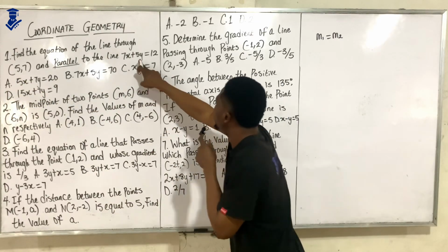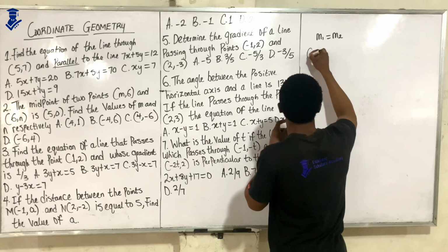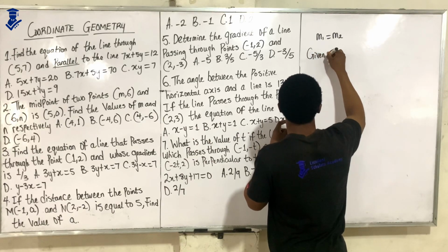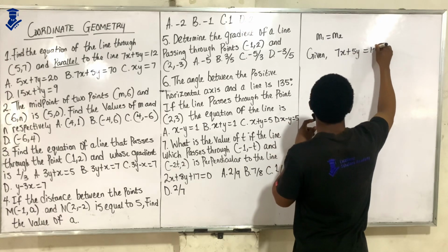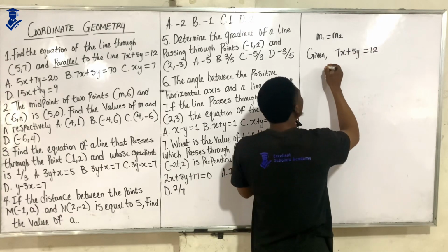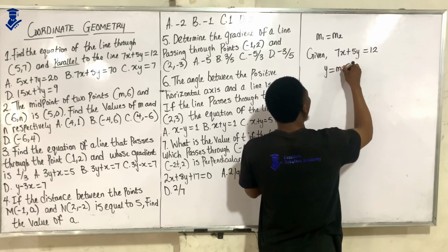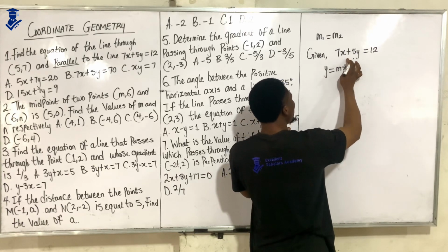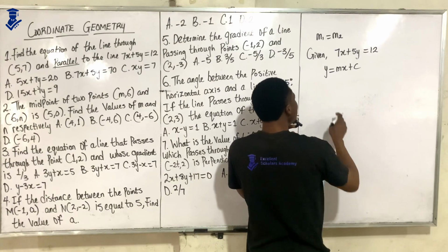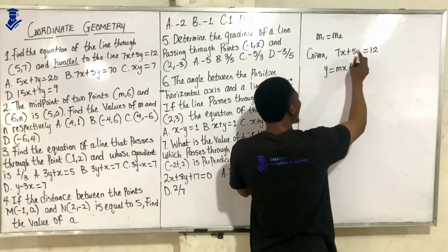So from here, we are given 7x plus 5y is equal to 12. Now, we know that the equation of the line is represented in the form y is equal to mx plus c. So let's put this in this form so that we can know the gradient. Let's rearrange it.